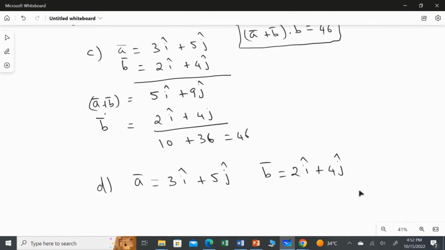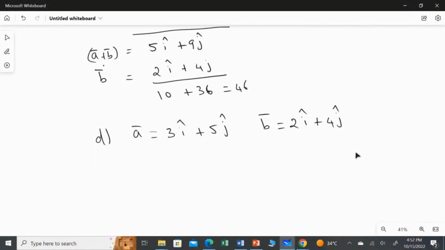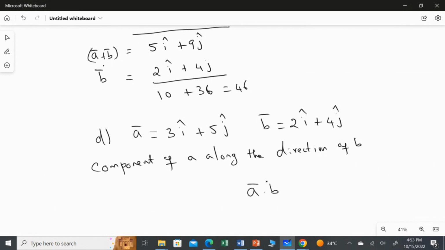And here we are going to find the component of A along the direction of B. If you come across this word, it exactly comes from the formula A vector dot B vector.